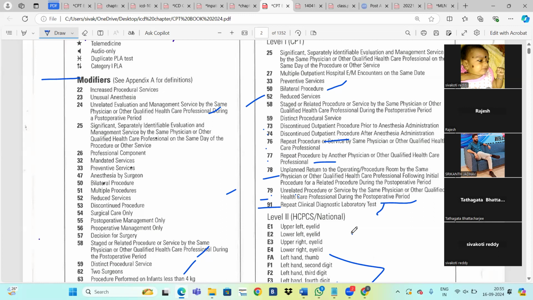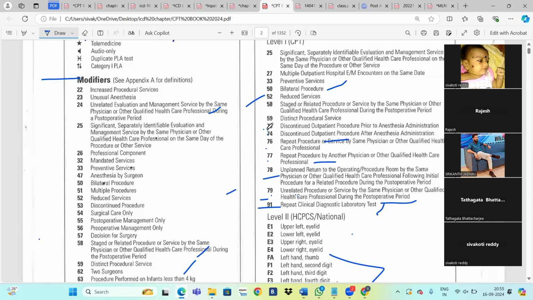Before going to anesthesia administration, discontinued outpatient procedure. Suppose they want to do a major or minor procedure. Before starting, they will do some operating room setup, talk to the patient, and prepare the patient for the procedure.